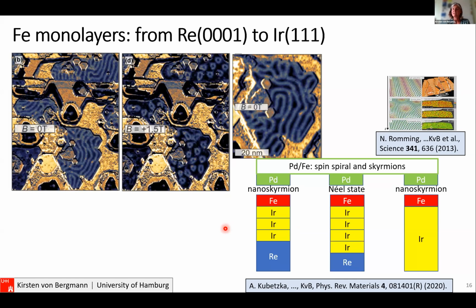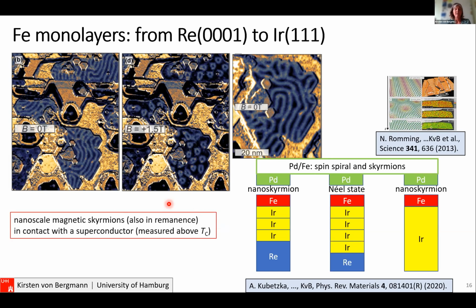So the system is very sensitive, but also one can always get interesting magnetic states, and one can get nanoscale magnetic skyrmions also in remnants on this rhenium, which is actually a superconductor at 1.7 Kelvin, but we did our measurements above TC. But still, this could be an interesting system to study also below TC.